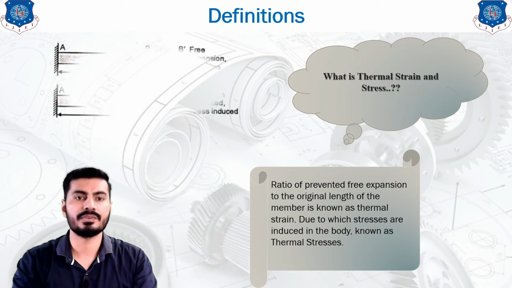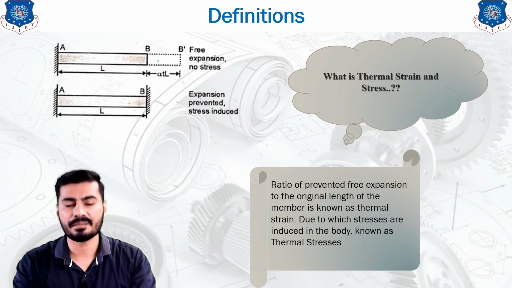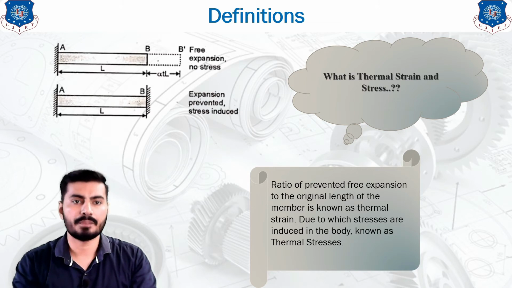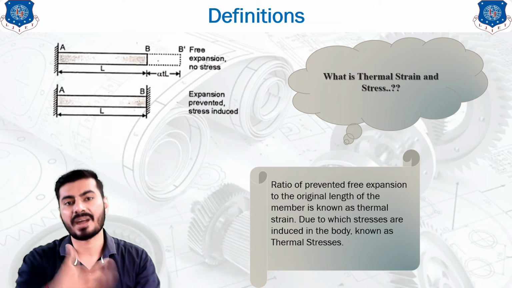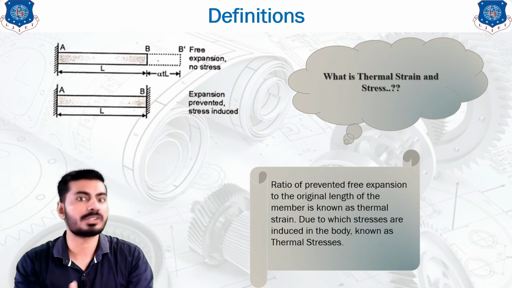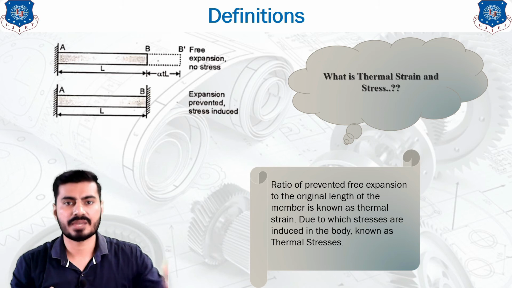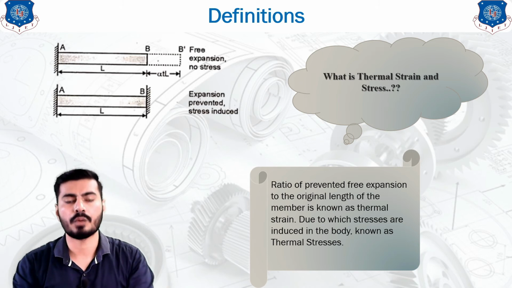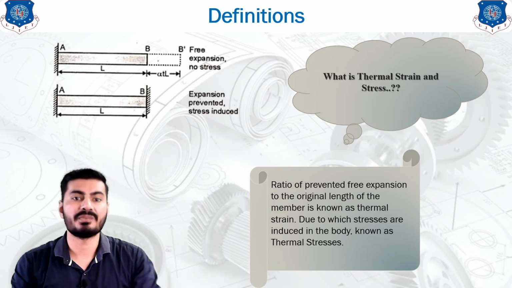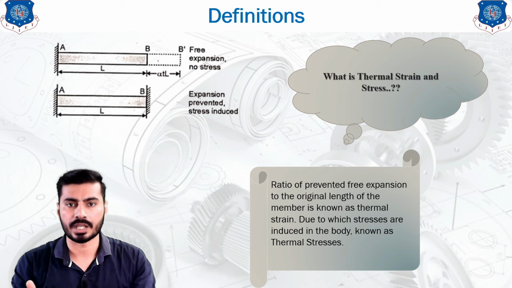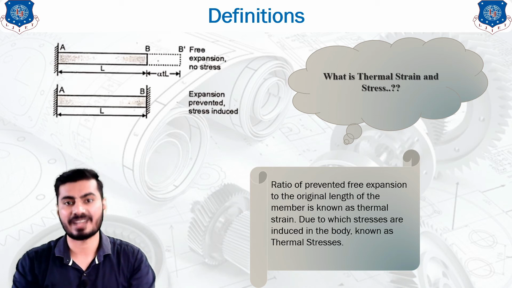So as we will take an example by this diagram, as you can see, the body would like to expand a little bit more if you increase the temperature of that particular member, and that is known as free expansion, as we have seen in the previous definition. But what happens if you prevent the free expansion of that body, and now you increase the temperature of the body?